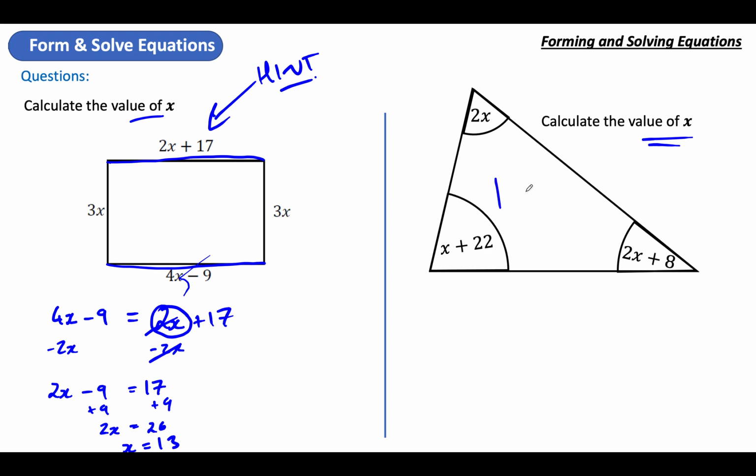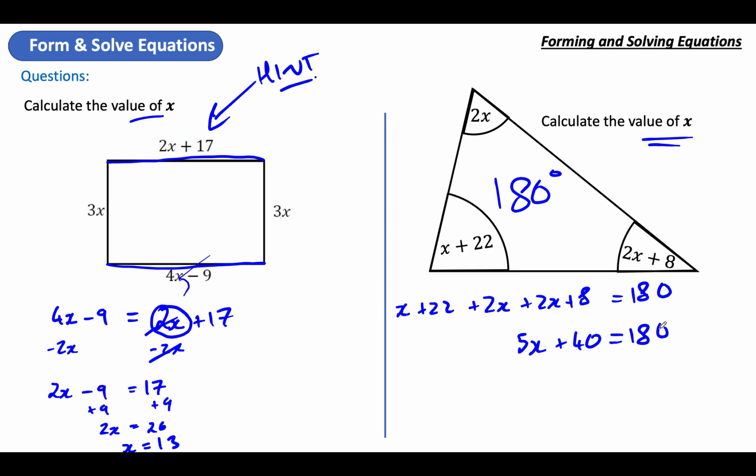This one's slightly more common in that the angles in a triangle add up to 180. So you can form an equation by adding together all the angles and making it equal 180. x plus 2x plus 2x is 5x. 22 plus 18 is 40. That equals 180, so there's my equation.